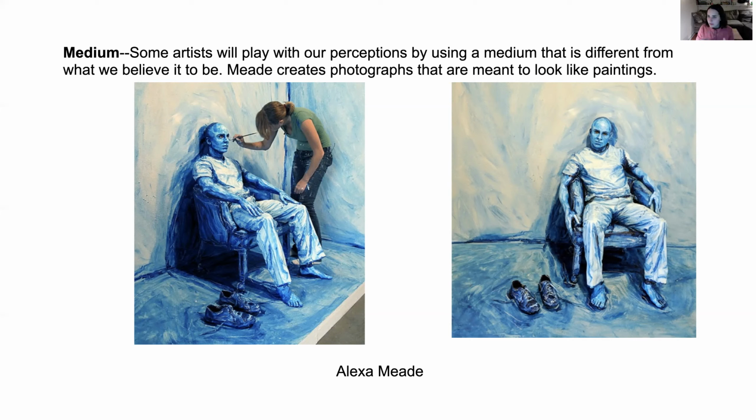So these are real people that are sitting in a space, and she has just covered their face and bodies in paint. And so you're meant to actually experience this in person, but as we're all seeing everything on the internet these days, when you see this, you automatically assume it's a painting.